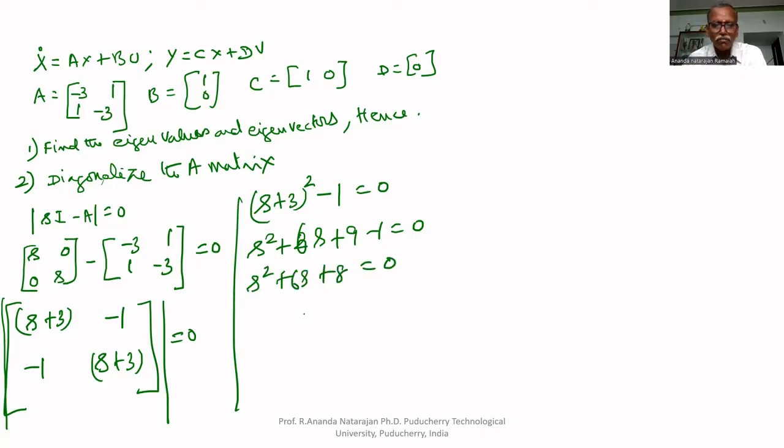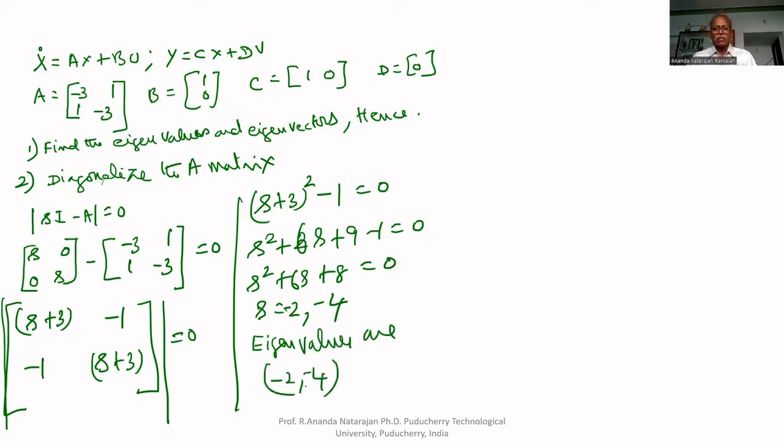The roots are minus 2, minus 4. Therefore, eigenvalues are minus 2, minus 4. That's all. Now let us find the eigenvectors.